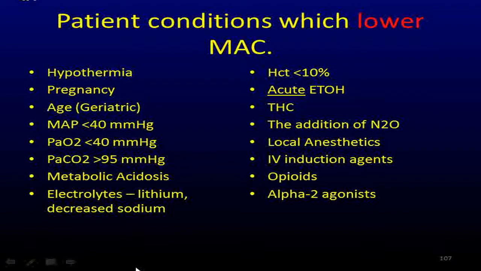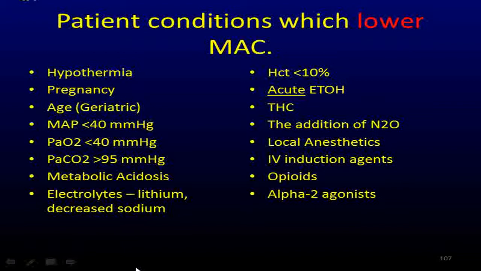But now there are patient conditions that will also lower the concentration required to achieve MAC. And if you get in the habit of always referring to MAC as a concentration of an agent, you'll never look at the dial and think that that's MAC on the dial. You'll always remember that it's a concentration.